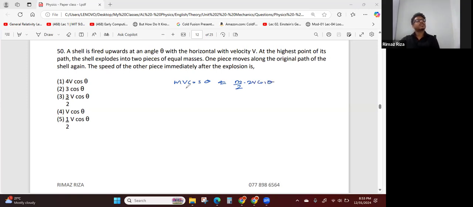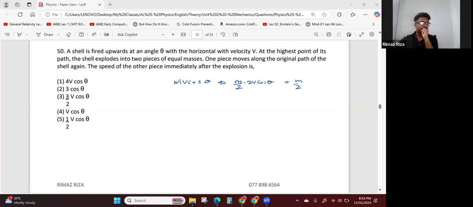Hold on. If we take m v cos theta, one piece moves along the original path of the shell again, and then the other one also should be m over 2. They divide into equal masses, and something went wrong.